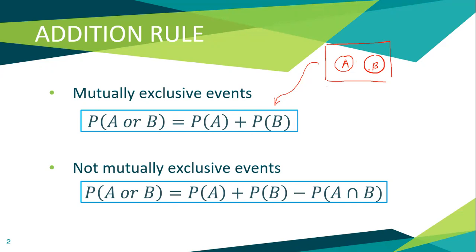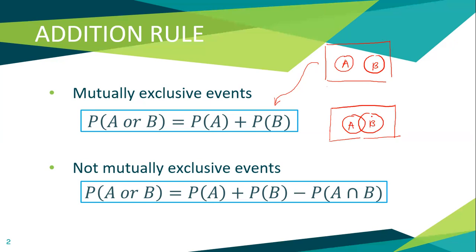But how about if your Venn diagram has overlapping events? Okay, let me show you. What if your event A and event B are overlapped?